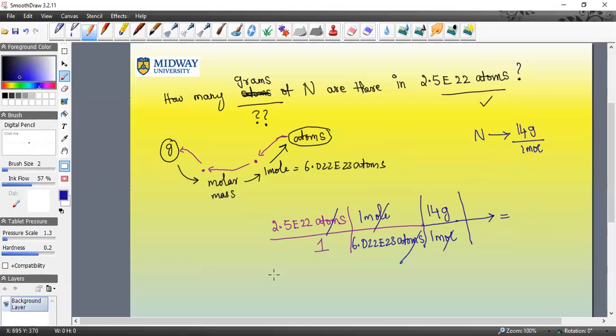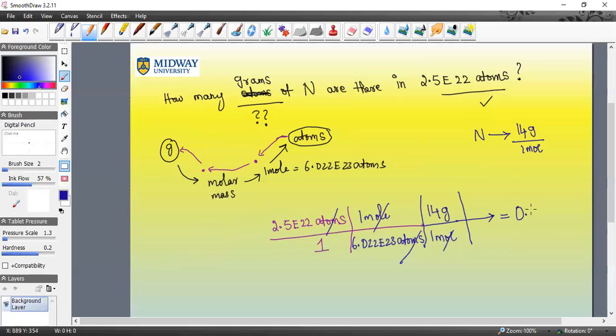So let's do the math. It's 2.5 e to the 22 divided by 6.022 e to the 23, times 14. So that's 0.58 grams.